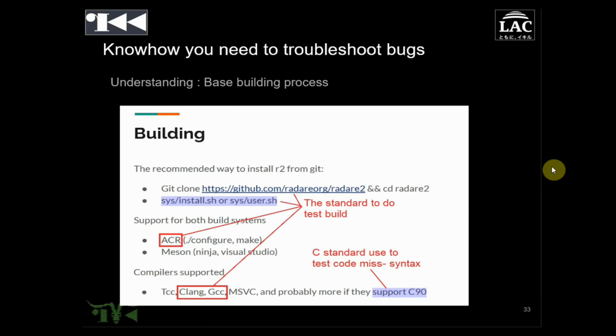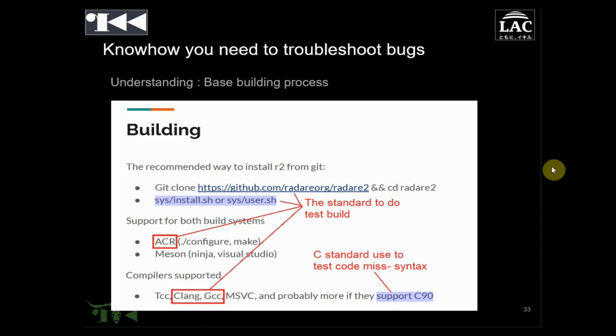And then lastly is the building process. This is the thing that we in testing should know better than other people in the community, because we are mostly dealing with build errors and have to check that it is build-error free.